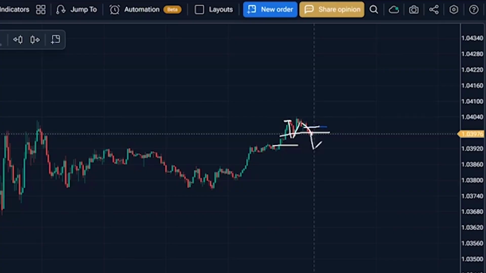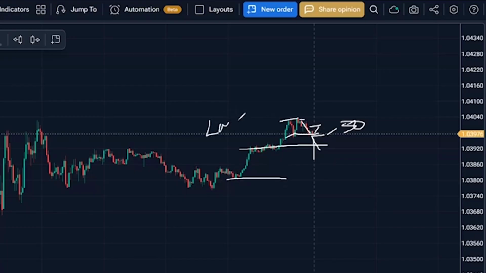Unless we break down to here, then this becomes the next 50. Then this is the last move. The 50 is here. If it fails to go up to the 50 and we get a breakdown, then this is the 50. And if we break down, it could be coming down to here, which is an equal distance move to the 50 of this last move.